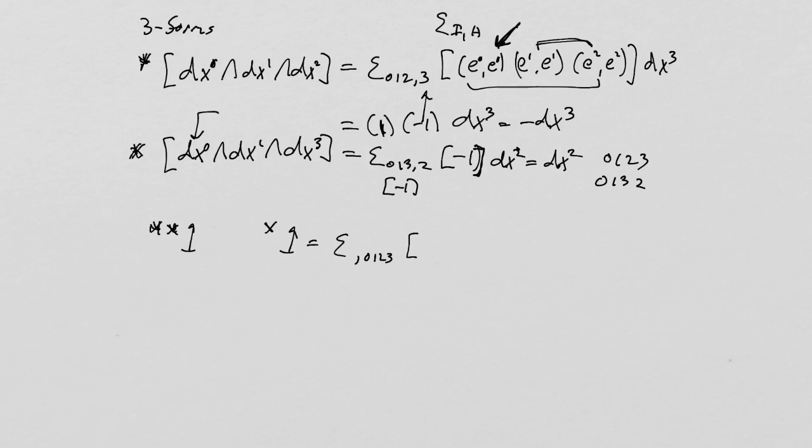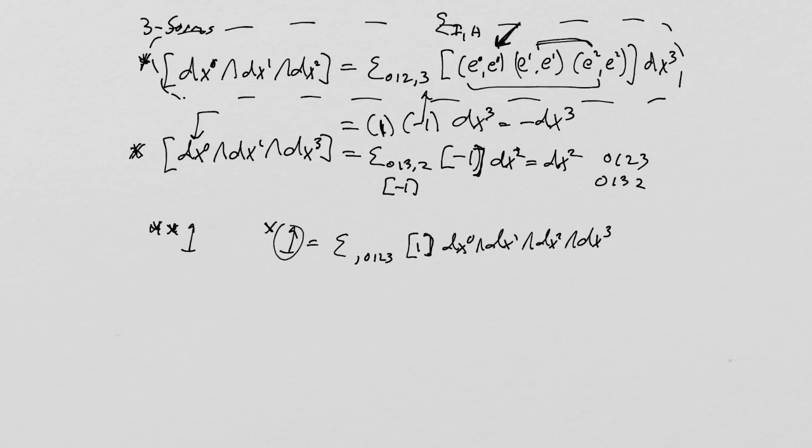And there'll be nothing here, this will be a 1, nothing here. And then this will be dx0 wedge dx1 wedge dx2 wedge dx3. Actually, wait a minute. This formula that we've been using, probably not a good idea to apply it to 1.